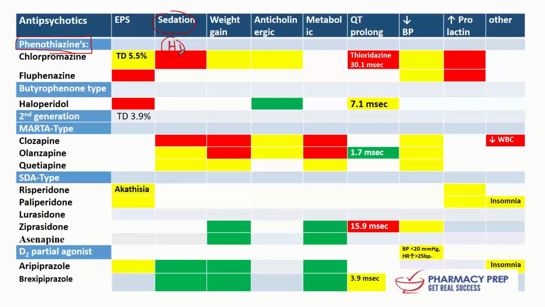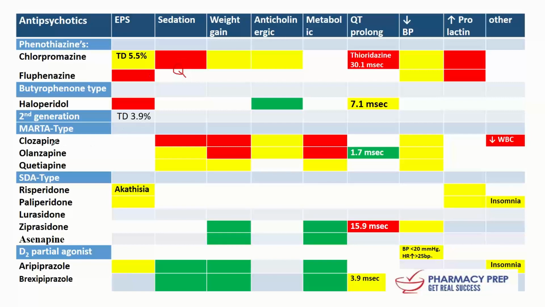That's in the first generation. Compared to the stronger potency drugs such as haloperidol and fluphenazine, which are known for less sedation side effects. So just keep in mind, a question on chlorpromazine is possible in the first generation.